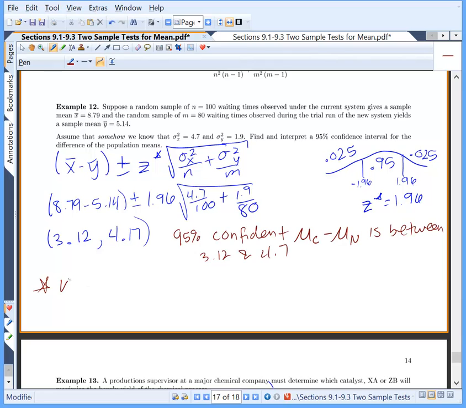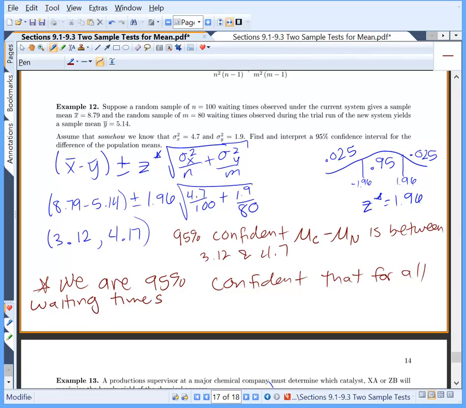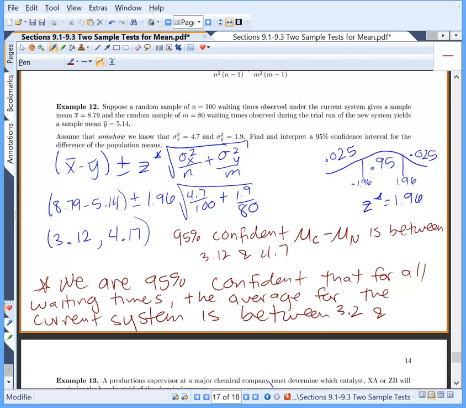So we could say that we are 95% confident that for all waiting times, put in the all waiting times to represent the population and not just the sample, that for all waiting times, the average for the current system is between 3.12 and 4.17 longer than the average for the new system.